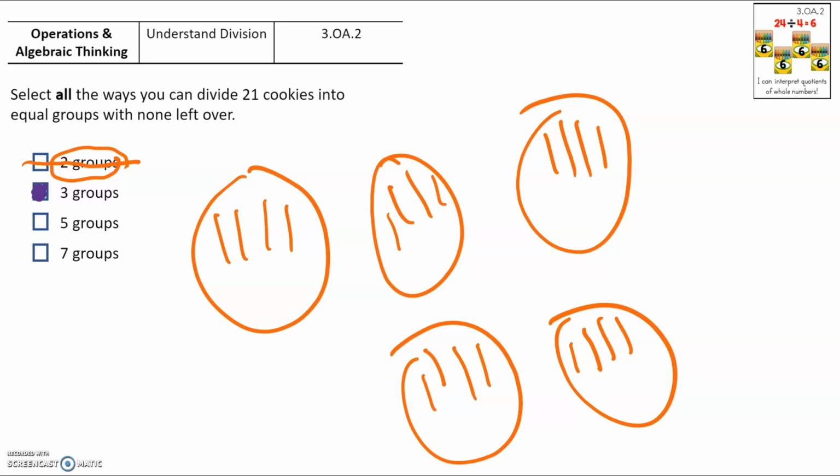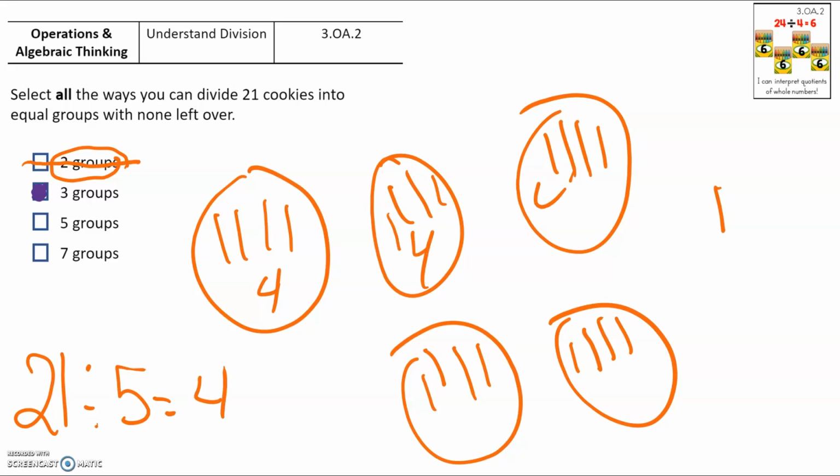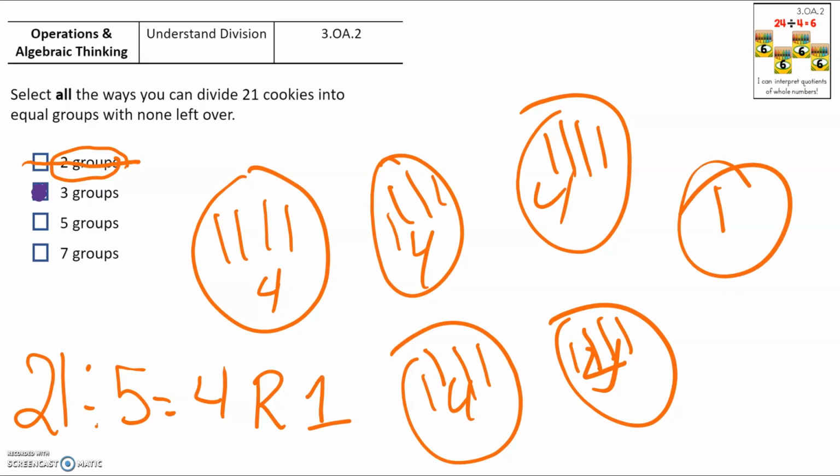Uh-oh, I have one left over, 21. So this would be written 21 divided by 5 groups equals 4 in each group with a remainder of 1, meaning we have 1 left over. So this one is not going to be correct.